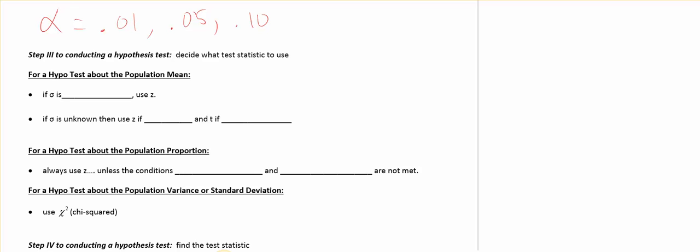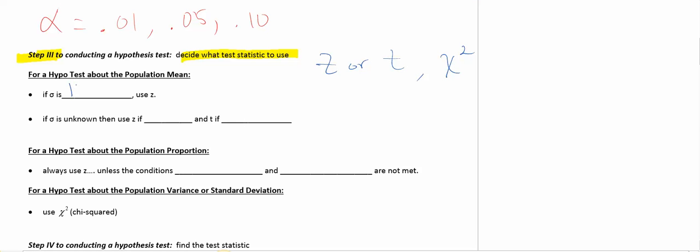The third step is deciding what test statistic to use. So you've already been practicing this in Chapter 6. So I'm asking here, are you going to use Z or are you going to use T? There is a third one that we haven't learned yet called chi-squared.